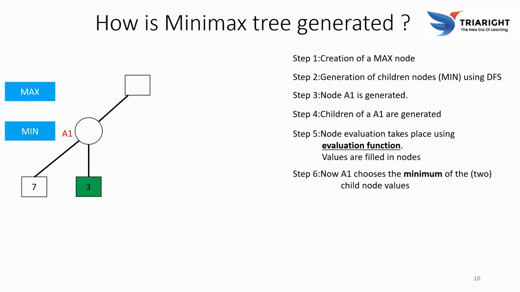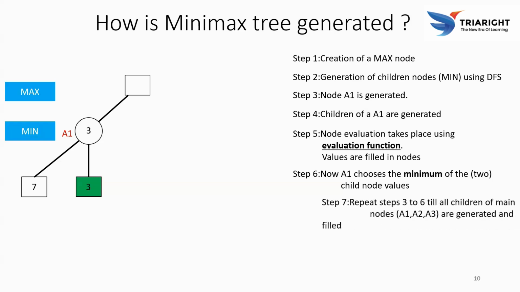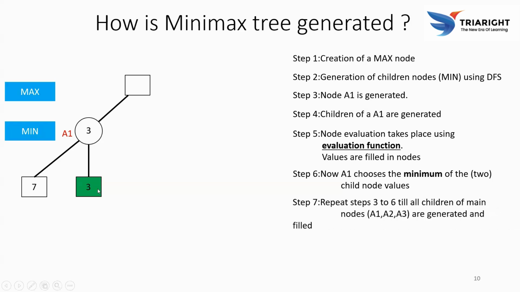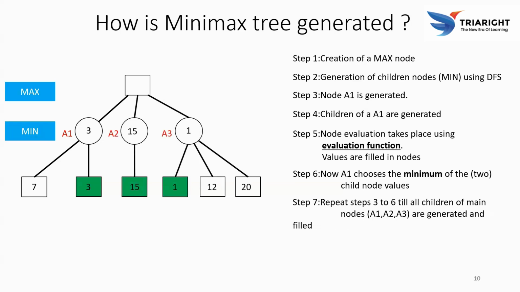Now starts the propagation, the values backup, like backtracking up the tree. Since A1 is a min node, it represents the opponent's turn. Now it's back to the next turn. Whatever value you choose, we assign to the parent node. Like that, it repeats steps 3, 4, 5, 6 until the children of nodes A1, A2, A3 are generated.